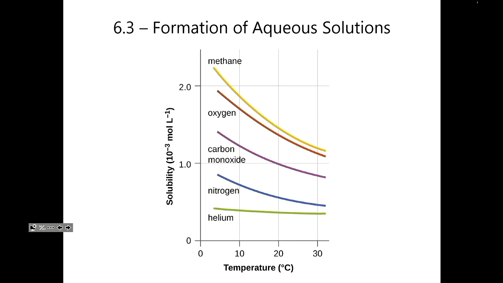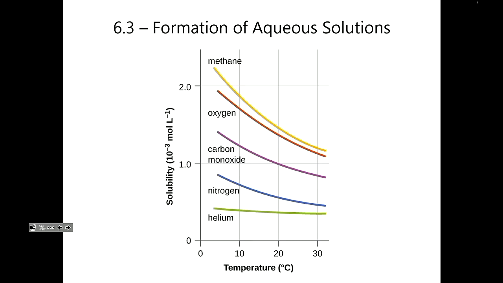Here are some common gases that are out there in nature, among other places. So, for example, here's oxygen. Because all of these gases, except for CO, are completely nonpolar, the solubilities are very, very low. This is millimolar concentration. But the trend is clear, right? As the temperature increases, the solubility decreases.